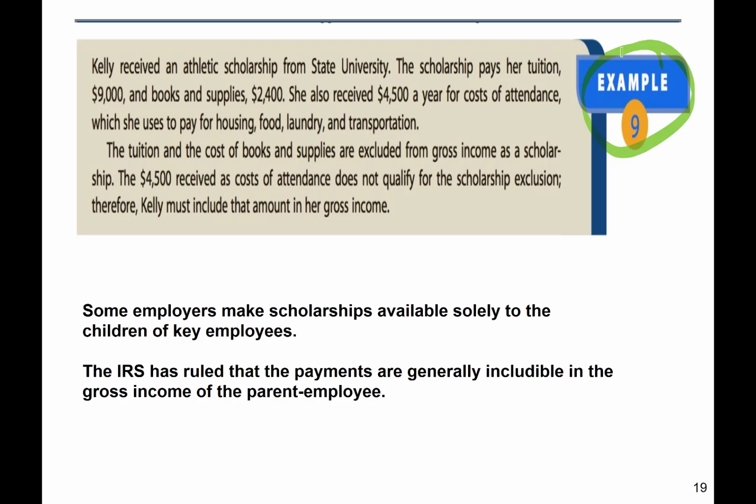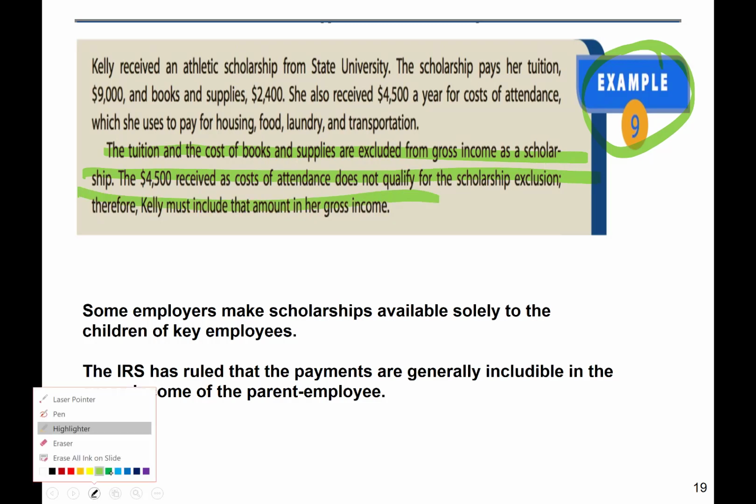She also received $4,500 a year for cost of attendance, and she used that to pay for housing, food, laundry. What do you think? The housing, food, laundry stuff is going to be taxable. It is only the tuition, books, those sort of things, stuff that you actually use to study with.